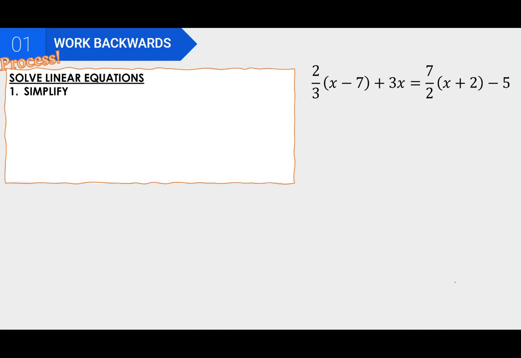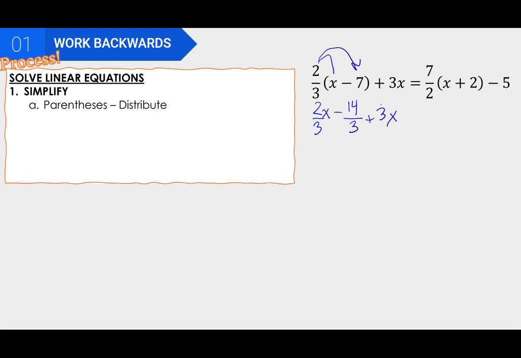So we're going to look at one side at a time. First off, there are some parentheses, so we're going to distribute what's in front of them to get rid of the parentheses. So 2/3 times x is 2/3 x. And 2/3 times 7 is negative 14/3 plus 3x.